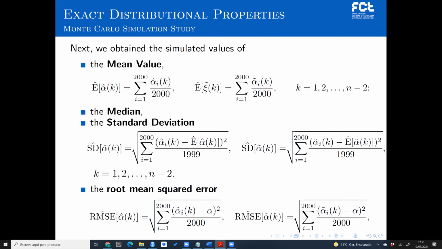So we obtained simulated values for the mean value with this expression, for the median, also for the standard deviation, and for the root mean squared error.